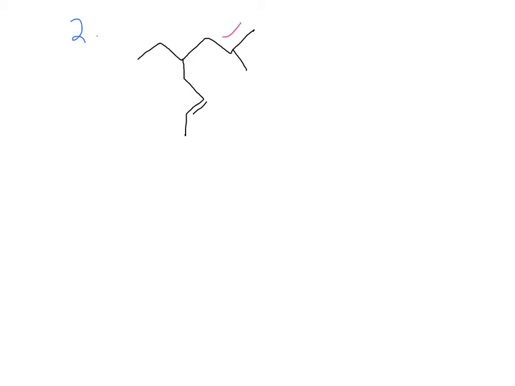So the main chain is the same, right here. And the numbering on the main chain is going to be 2 for the double bond. So this is going to be an octene, a 2-octene.